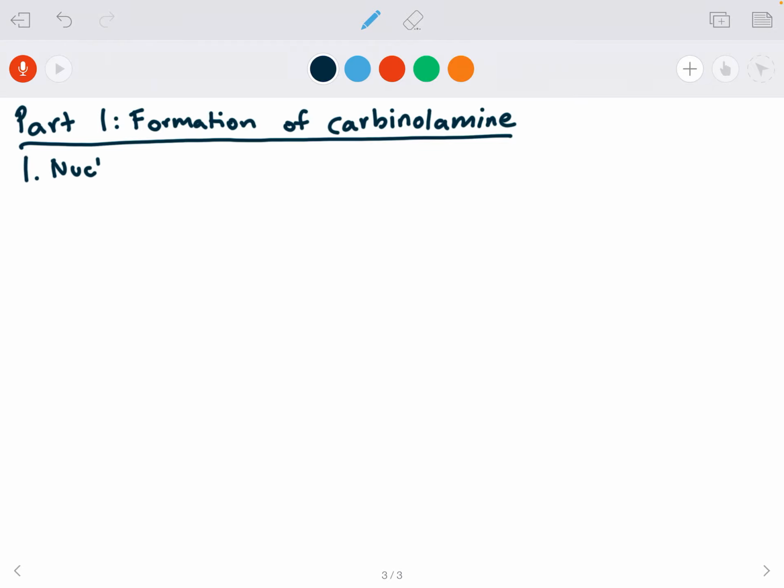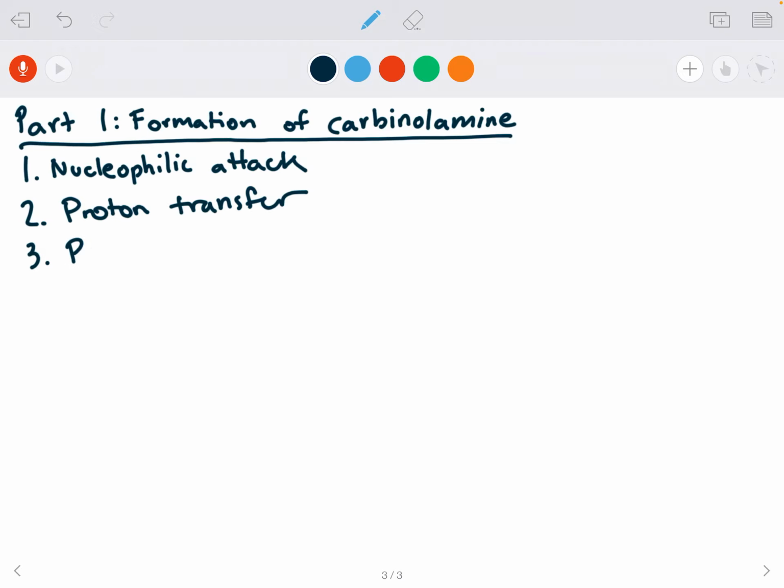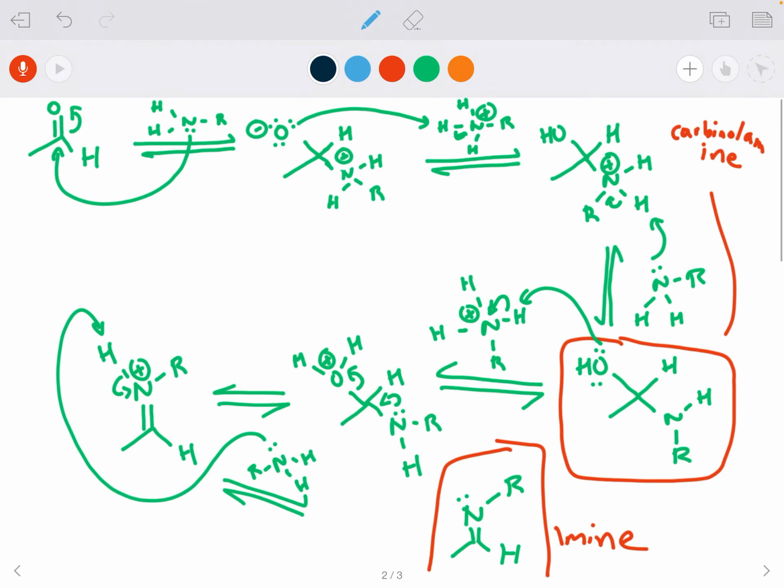Step 1 is nucleophilic attack. Step 2 is a proton transfer. And step 3 is a proton transfer.